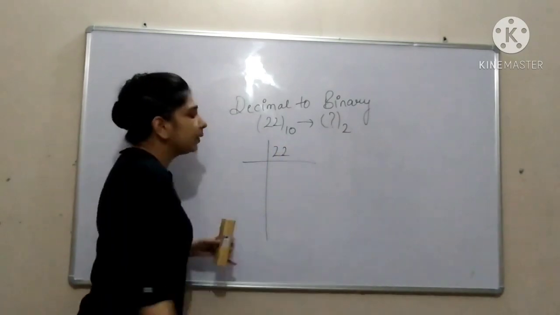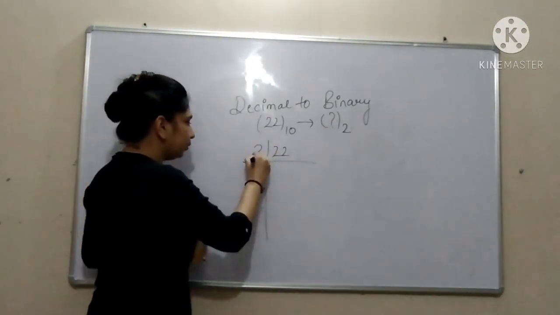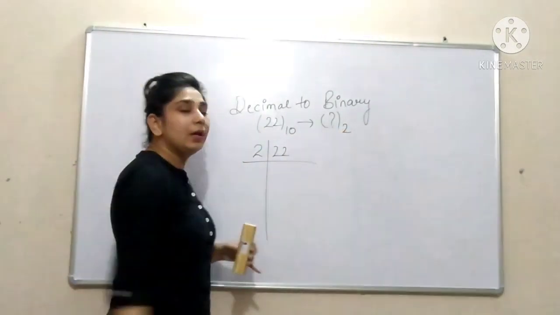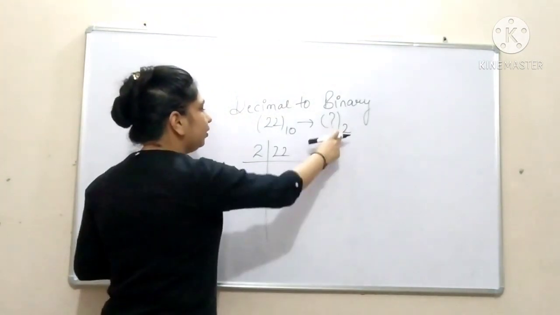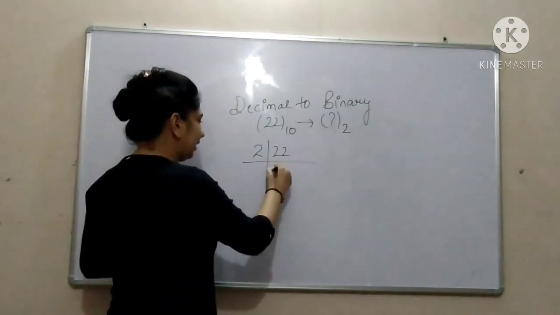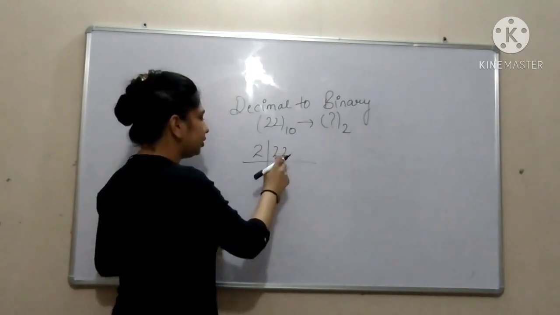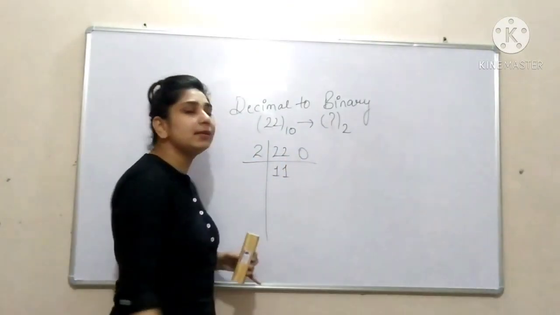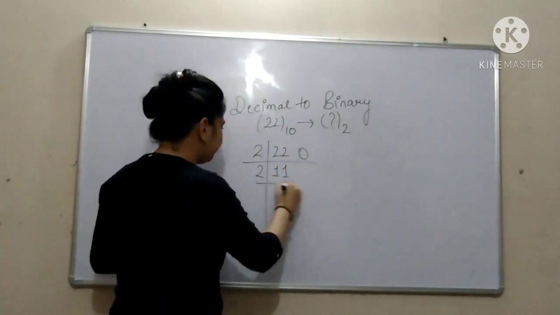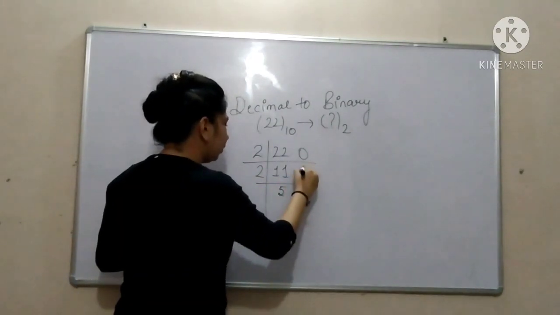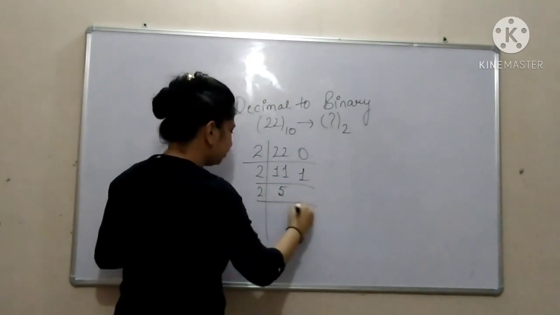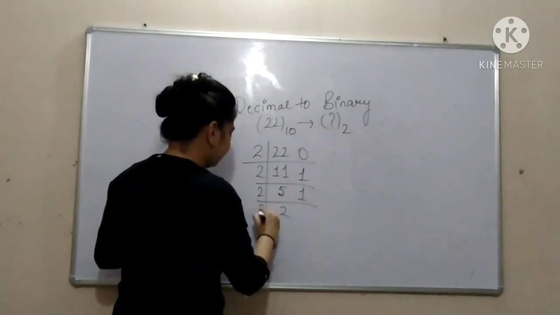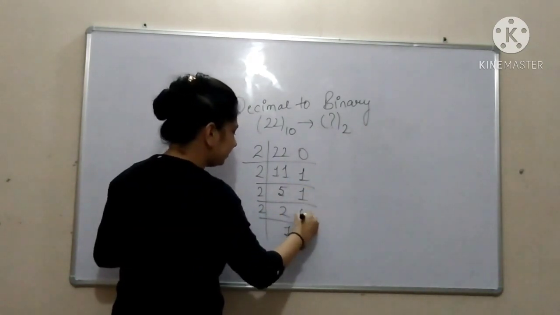Let's suppose 22. We have to divide it by 2 because we want to convert it into the binary number system. Divide 22 by 2, 11, remainder is 0. 2 into 11, 5, remainder is 1. 2 into 5, 2, remainder is 1. 2 into 2, 1, remainder is 0.